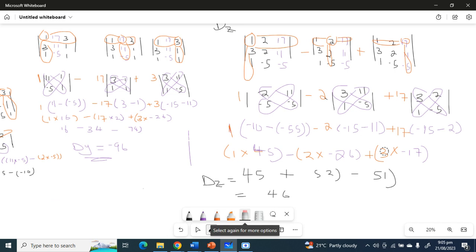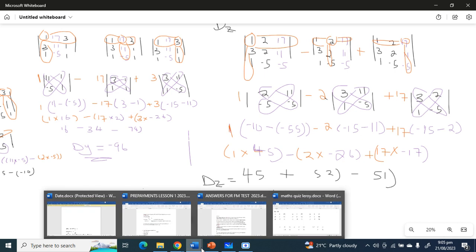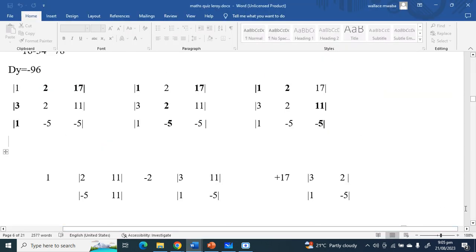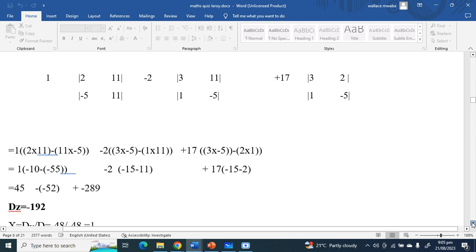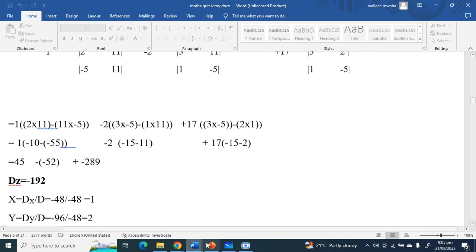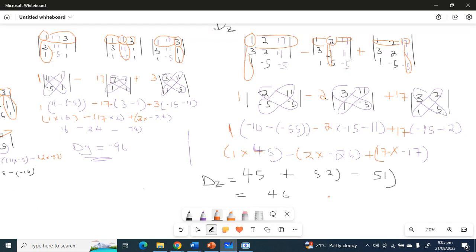So it was supposed to be 17 times negative 17. Yes, so these ones are okay. 45 and 52. So 17 times negative 17 gives you negative 289.